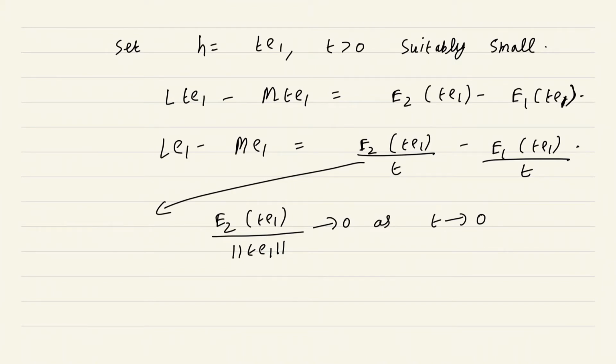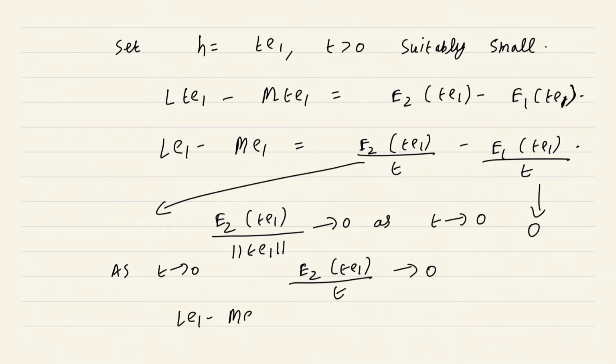So this just immediately gives that as t goes to 0, e2(te1) by t goes to 0. And the same remark applies for the second term. This term also goes to 0 as t goes to 0. Net upshot is Le1 minus Me1 is 0.